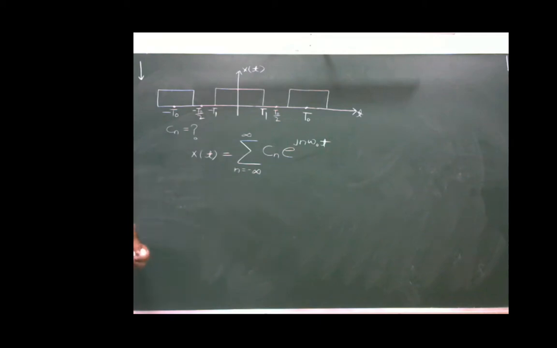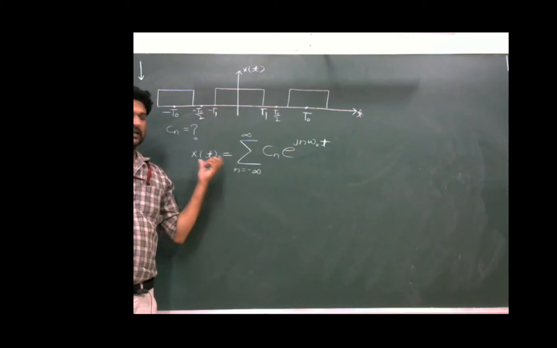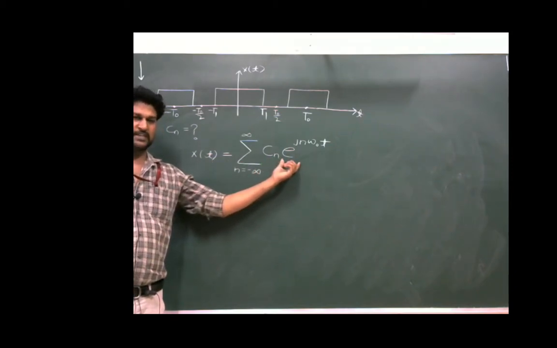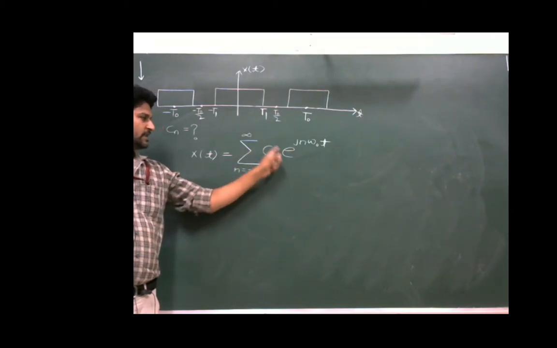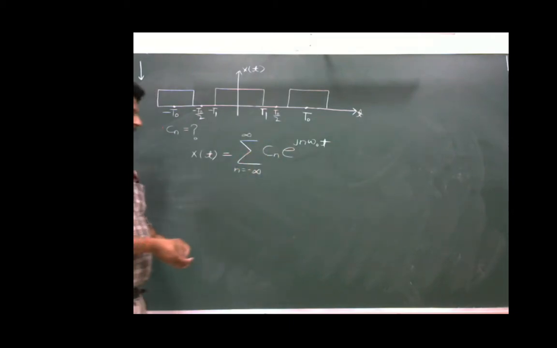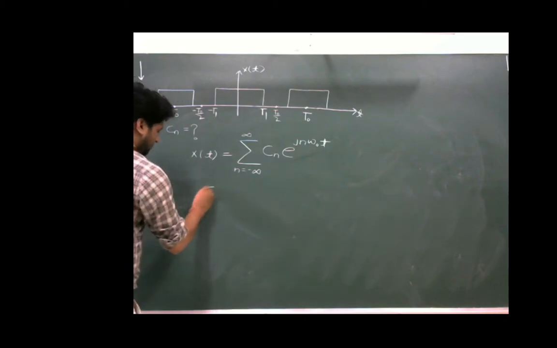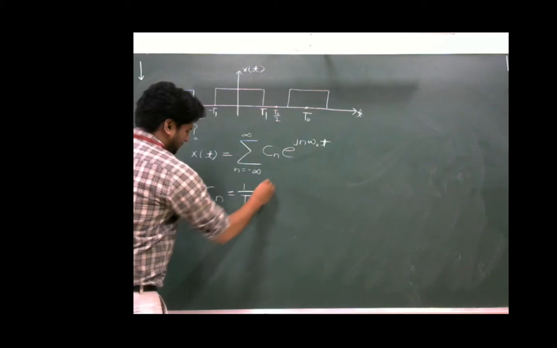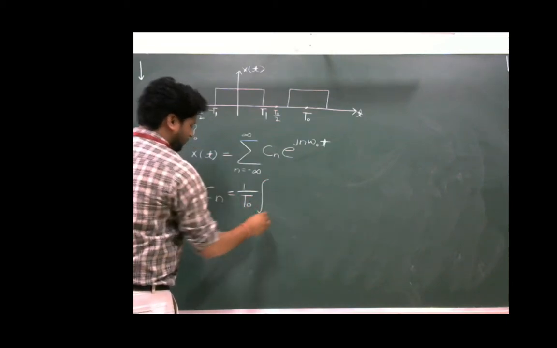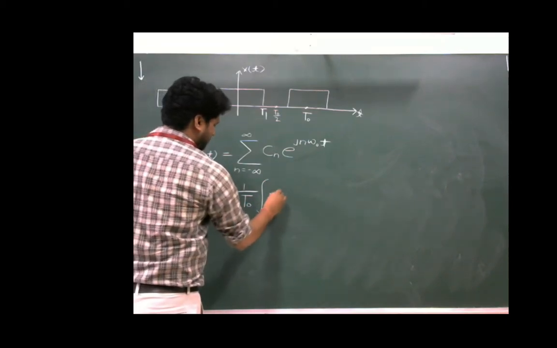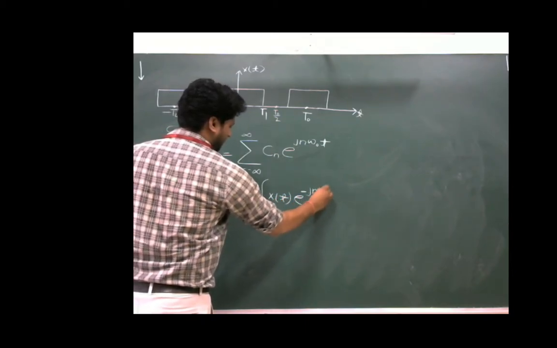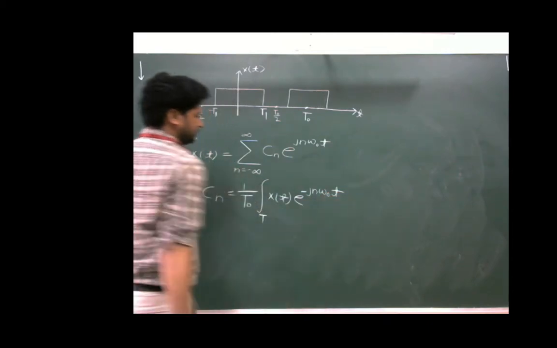This is the representation of a general signal x(t) as a summation of complex exponentials multiplied by a constant Cn, and Cn can be determined using the relation Cn is equal to 1 upon t naught, integration over one time period, x(t) e power minus j n omega naught t.